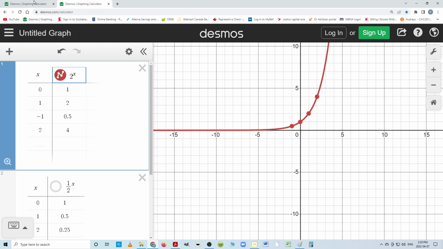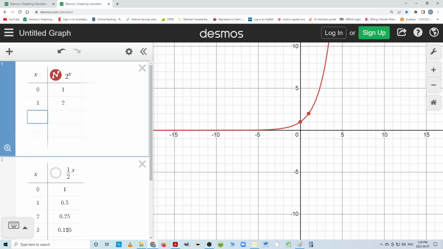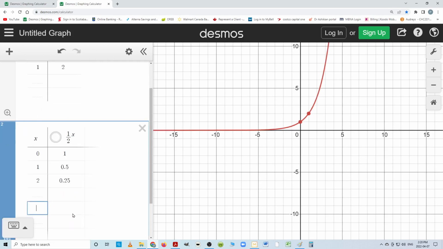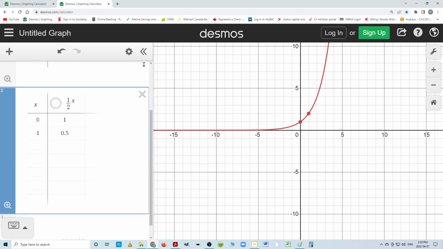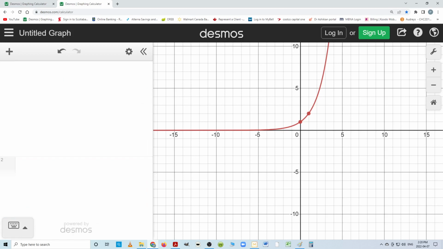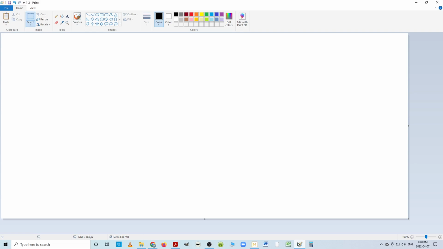Memorize the domain and memorize those 2 key points that I think are the easiest ones to remember, which is (0, 1) and (1, the base). Then realize that all transformations take place. Now sometimes you might have trouble spotting what the base is.